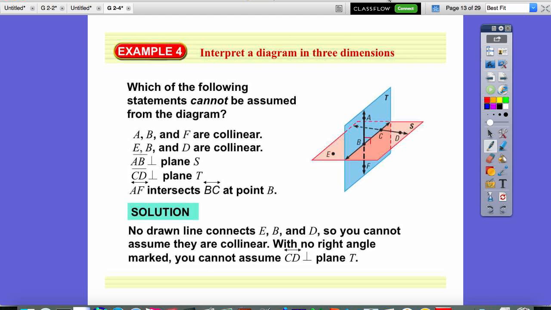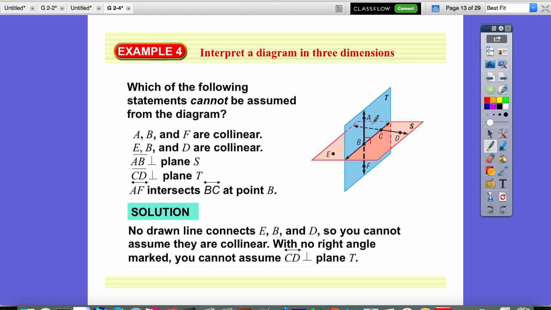Which of the following statements cannot be assumed from the diagram? A, B, and F are collinear. We can assume that. E, B, and D are collinear. We cannot assume that.